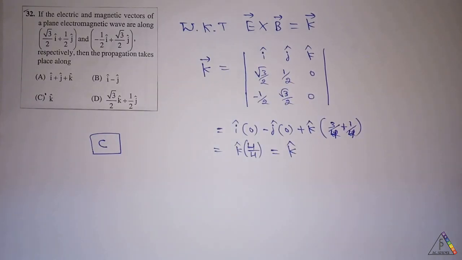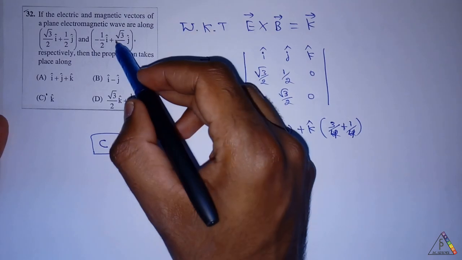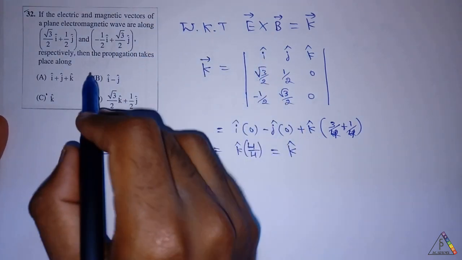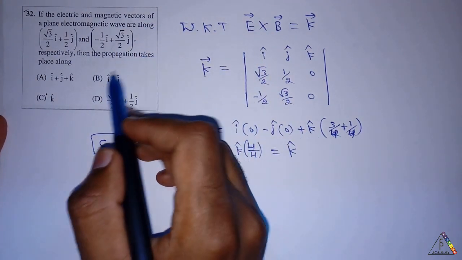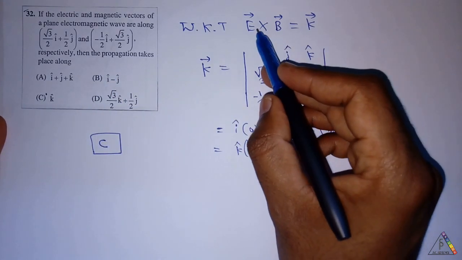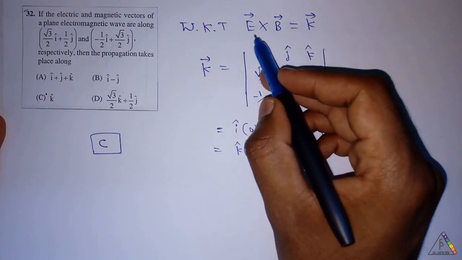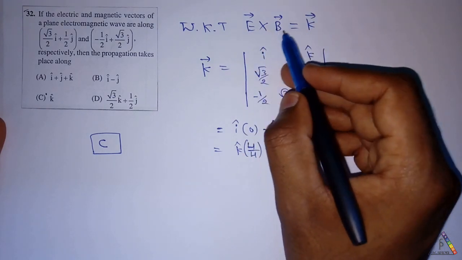Next question is, if the electric and magnetic vectors of a plane electromagnetic wave are along, this is the electric field vector and this is the magnetic field vector, and they are asking the propagation vector, that is k vector. We know that the propagation vector will be the cross product of E vector and B vector.